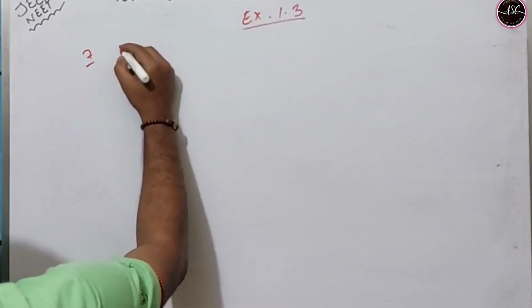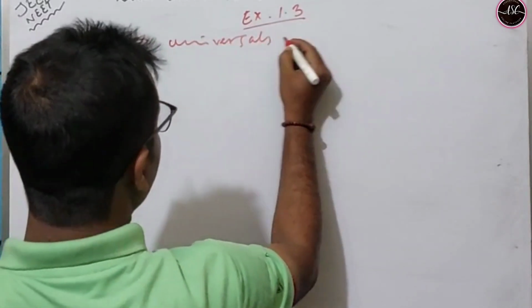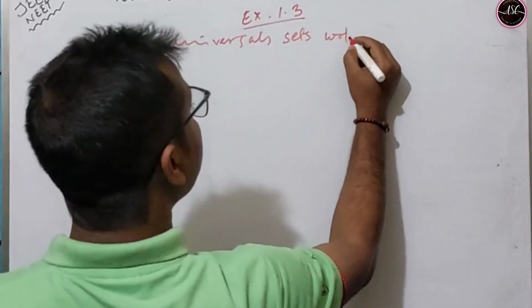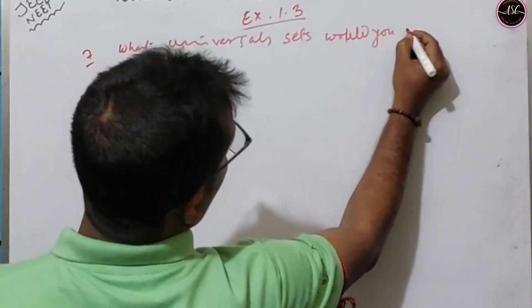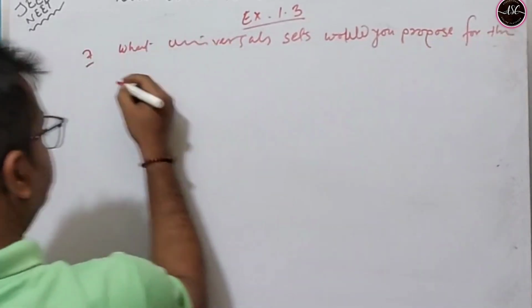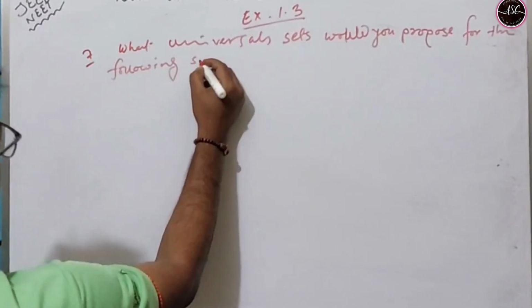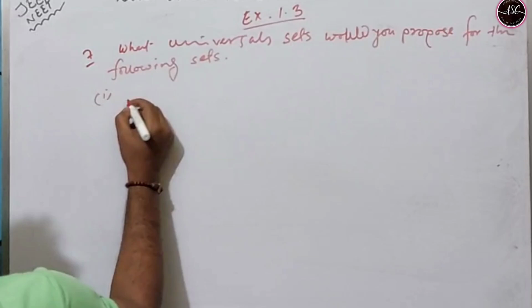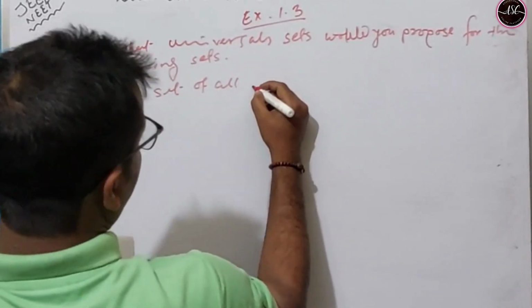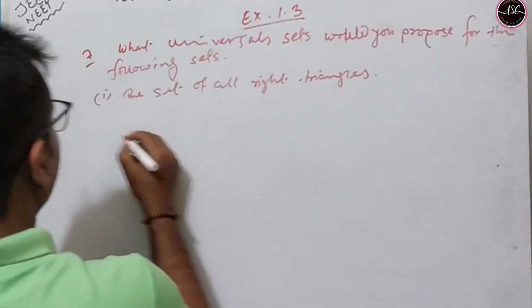Question number 7. What universal sets would you propose for the following sets? Okay, question number 1. The set of all right triangles. 2.